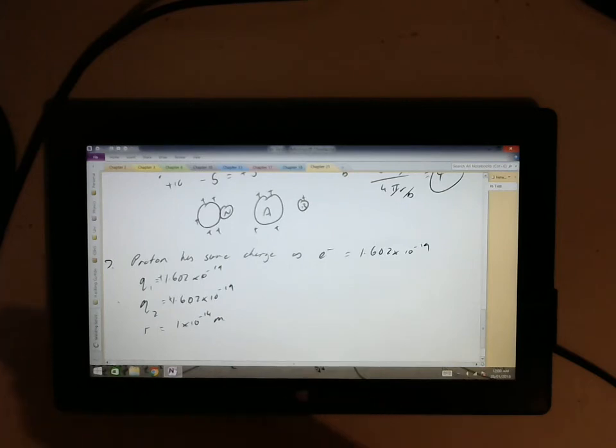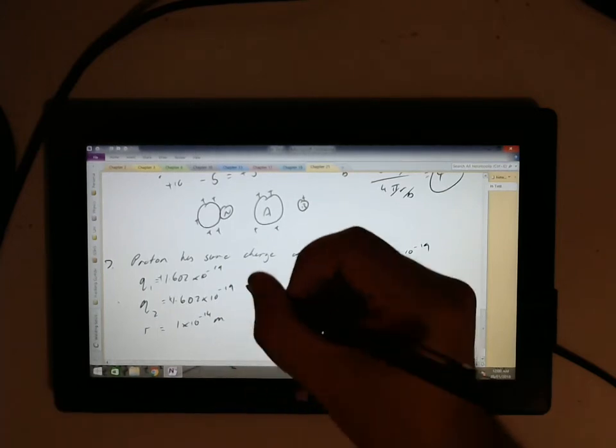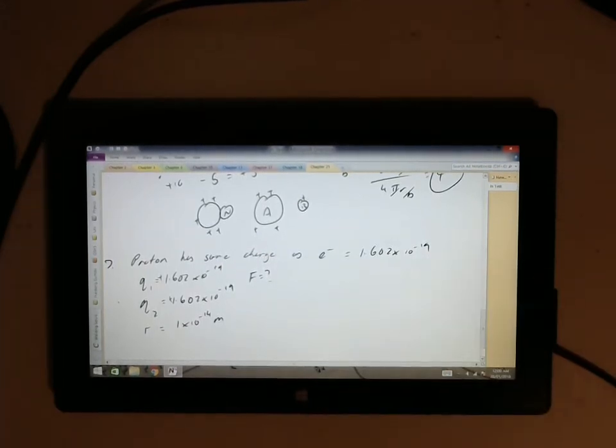The question is asking, what is the strength of the repulsion force? So we are after a force. Remember, we covered Coulomb's force equation in class this week.